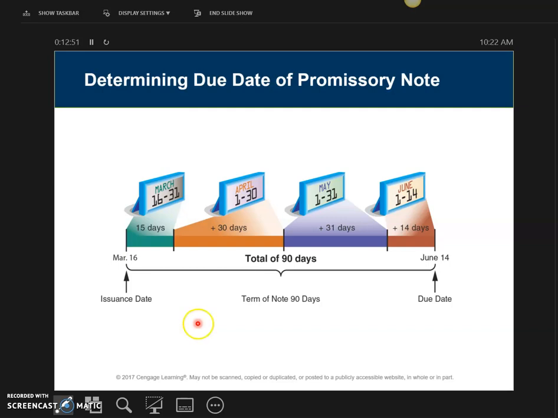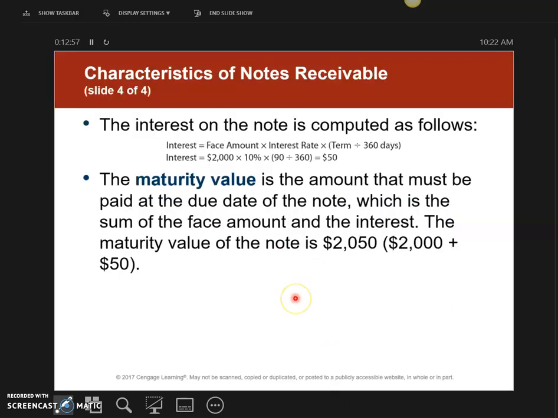The other important part of this part of the chapter is how much interest is due. So here's my formula. It's going to be principal or face amount times interest rate times term divided by 360 days. The face amount or the principal is $2,000 times 10% interest.